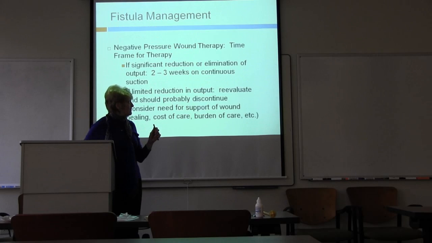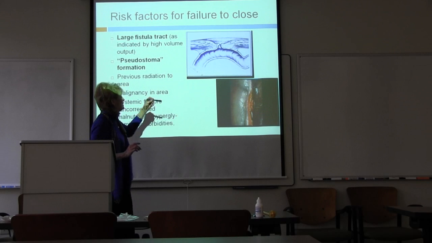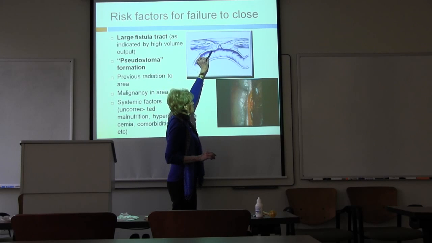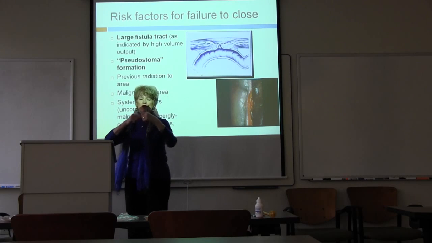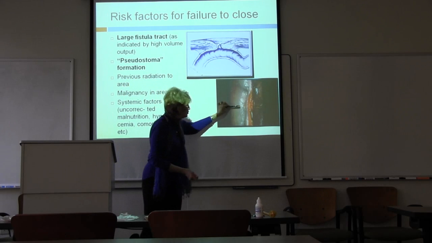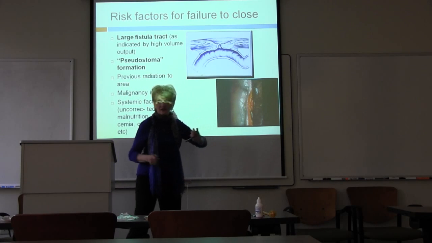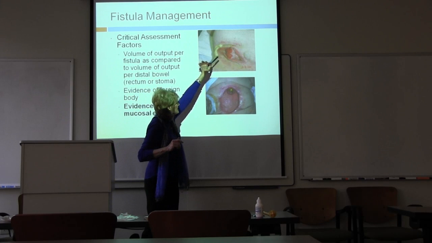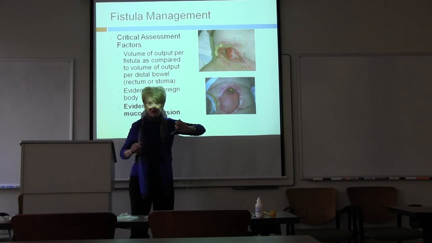Now look at what's happened when you get pseudostoma formation. Now the bowel wall has become adherent to the abdominal wall. The mucosa turns back on itself to form a stoma. And when you look in the wound bed, you literally see stomas. Or, look here, even clearer. See the stomas in the wound bed? See the stoma in the wound bed?